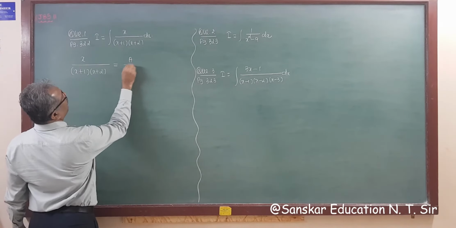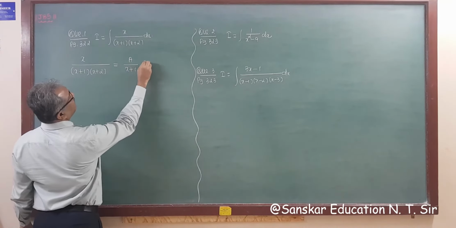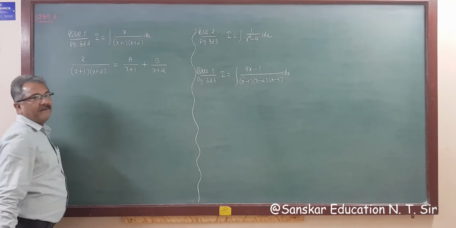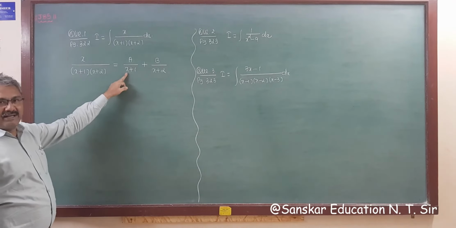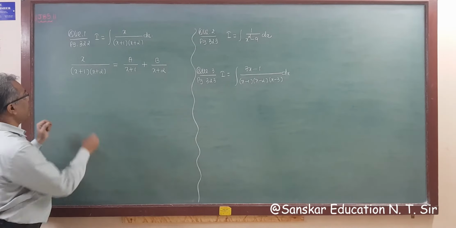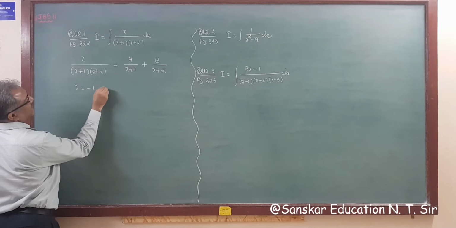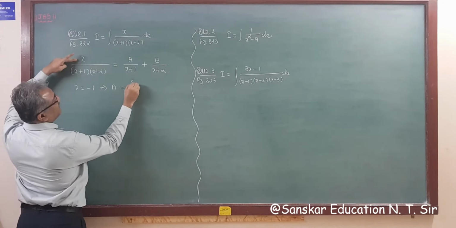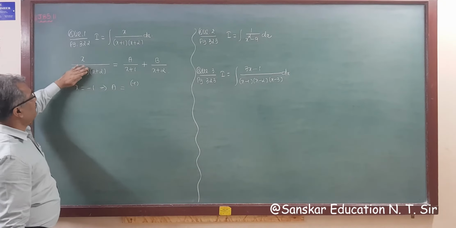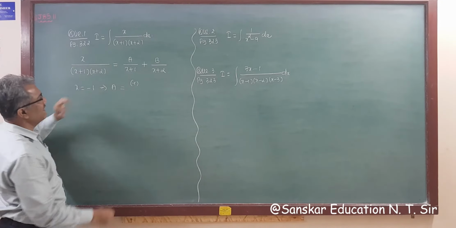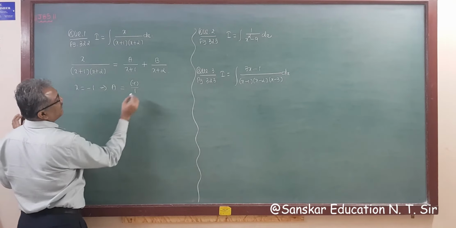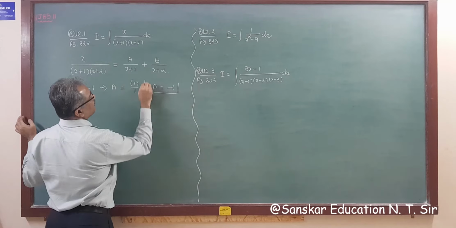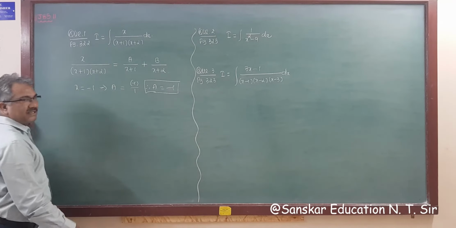So a upon x plus 1 plus b upon x plus 2, right? So finding the value directly, taking x is equal to minus 1, we get the value of a. Substitute minus 1 here, so minus 1. Now forget this. 2 minus 1 is 1. Therefore we get a is equal to minus 1.